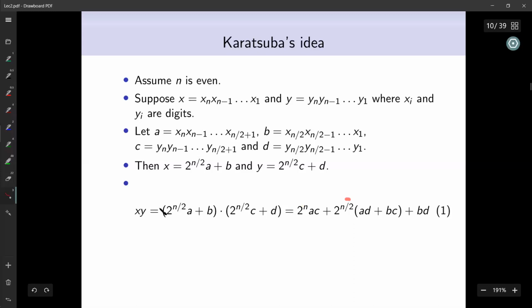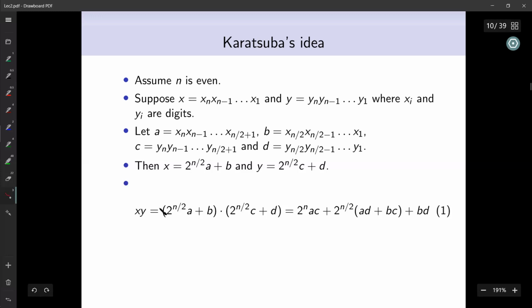This is a left shift of the values ad as well as bc by n by 2 positions towards the left. This operation we are not really counting because this is not an actual multiplication. This is basically a shift operation which will require possibly n bitwise operations.